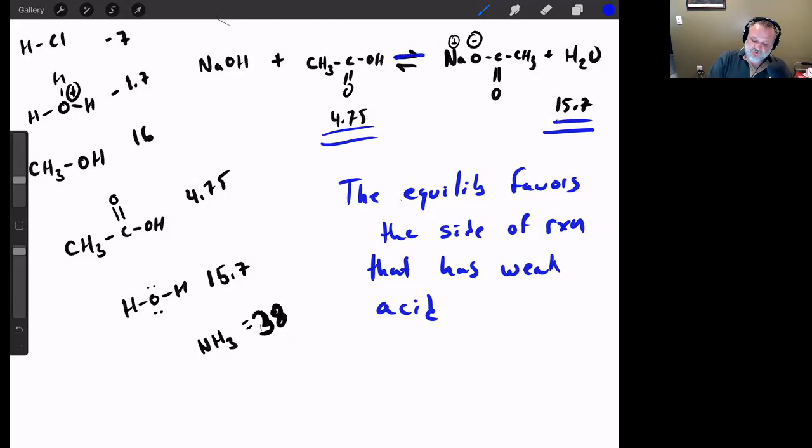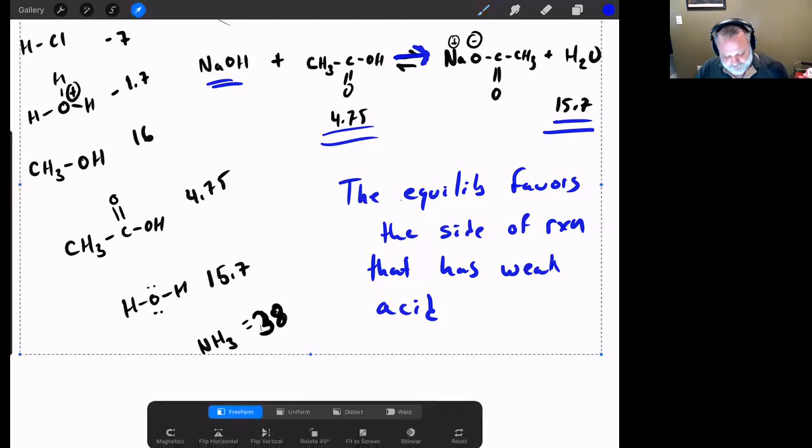Since the side that's favored is the product side, then we say to ourselves, sure, sodium hydroxide is a suitable reagent to deprotonate the carboxylic acid, because when I write the reaction with that happening, I see that the equilibrium favors the products. And so that's what gives us this idea that the reaction is favored.